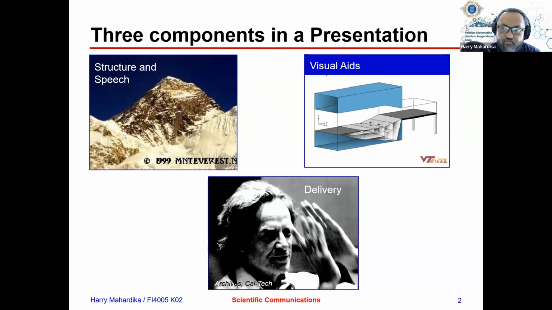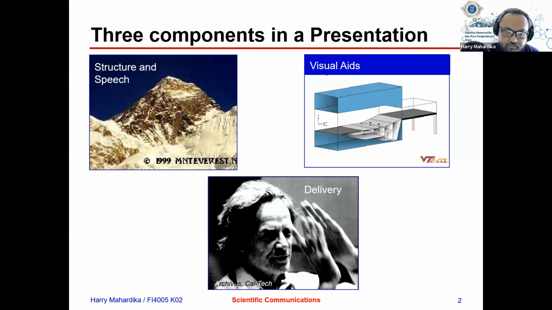As we knew from past lectures, in a presentation there are three components that need to be prepared. First is the structure and speech, the oral or the voice of the presenter, and then the visual aids, and also the delivery, how we deliver the content that we prepare for that occasion.